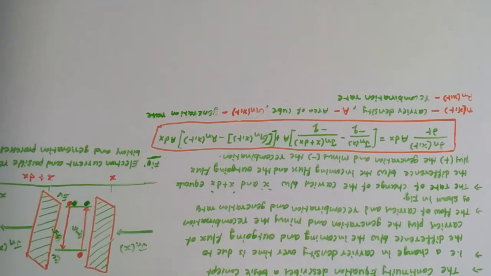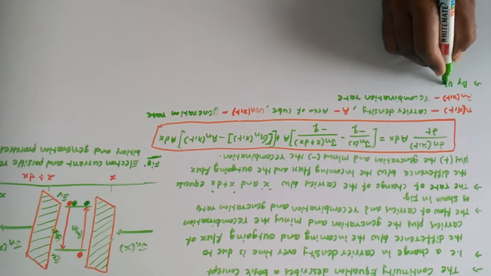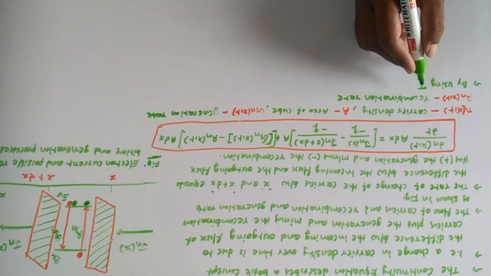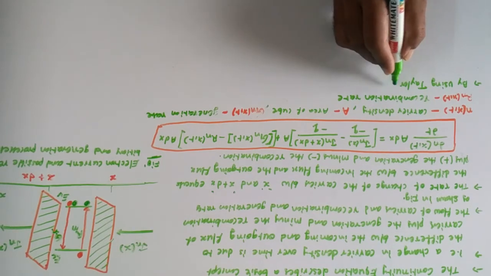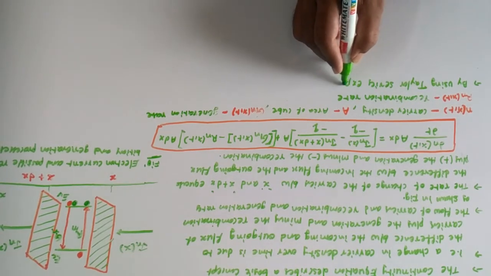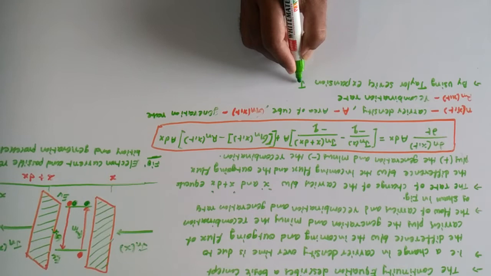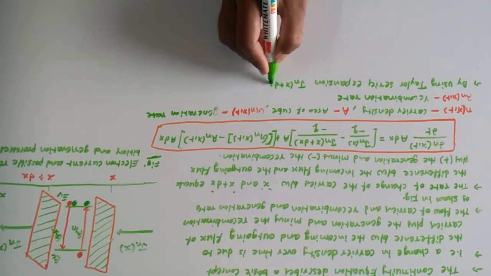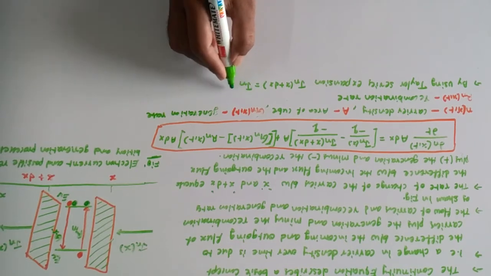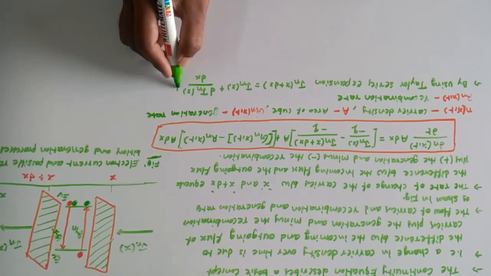Here, by using Taylor series expansion, the equation is Jn(x plus dx) equal to Jn(x) plus dJn divided by dx, into dx.